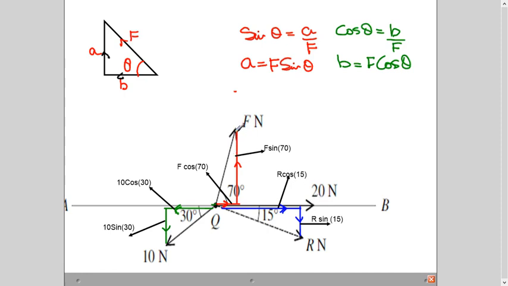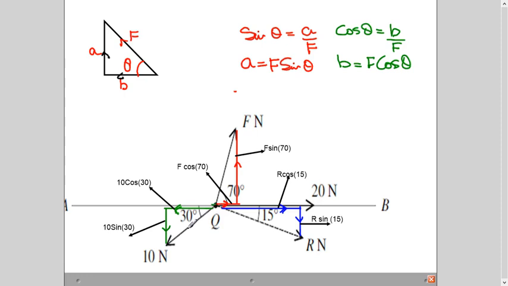Force F makes an angle of 70 degrees with AB, anti-clockwise. Horizontally it will be this and vertically it will be this. So the horizontal component will be F cos 70, and the vertical will be F sine 70.